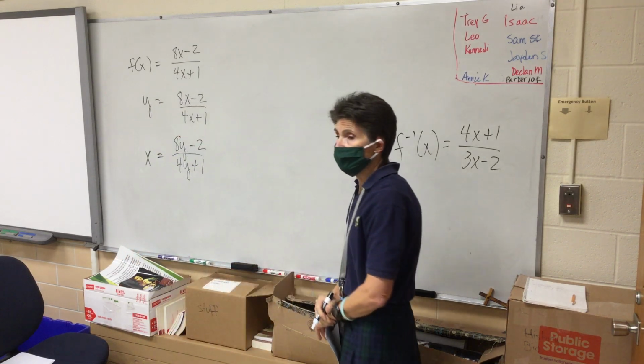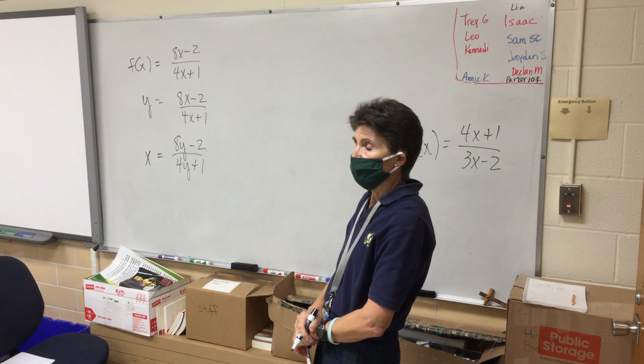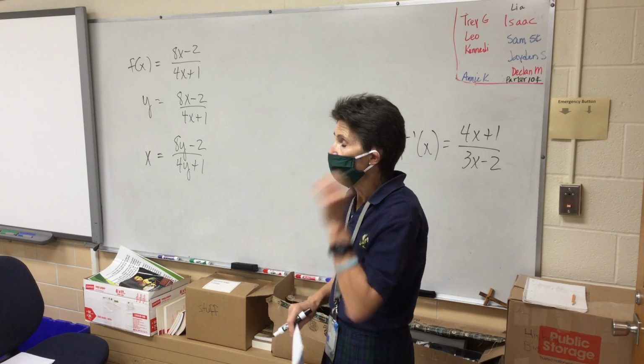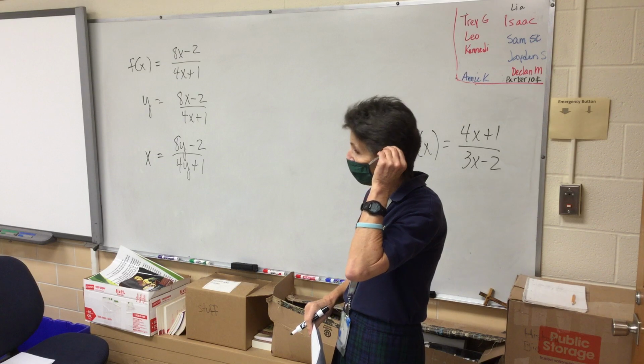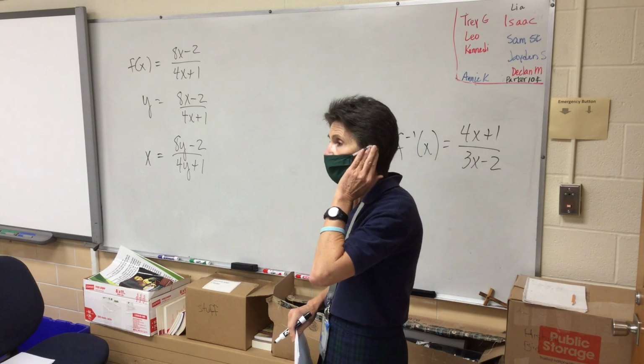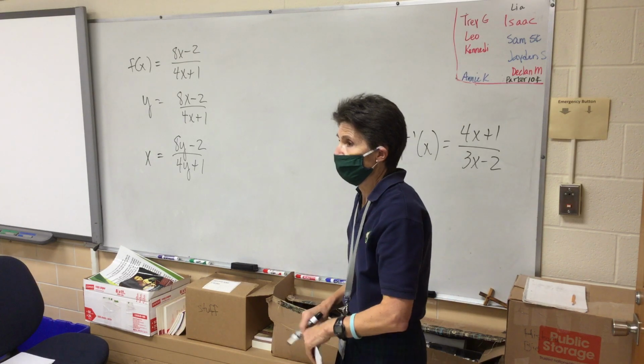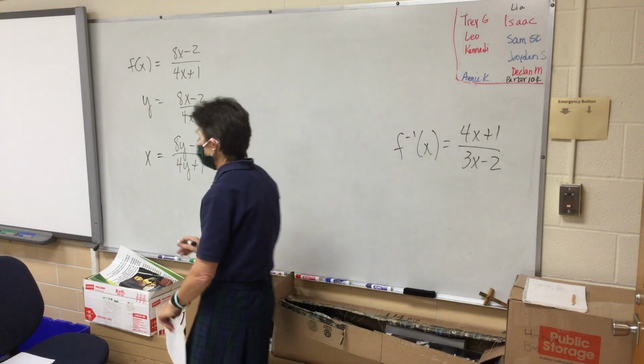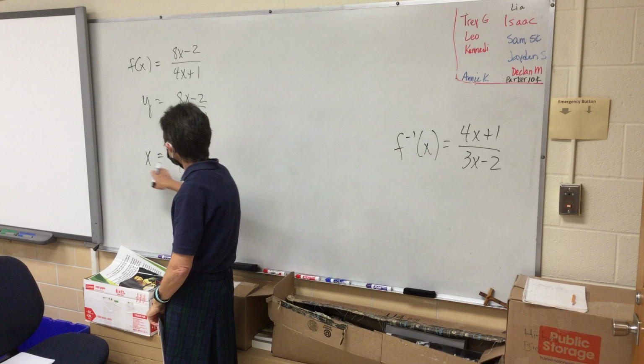Now here's where it gets a little tricky. Everybody still with me? All right, so what happens now? What do we do now? Multiply it over, exactly. Multiply this over to here.